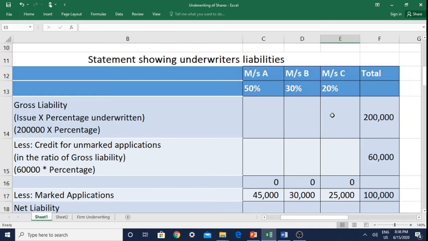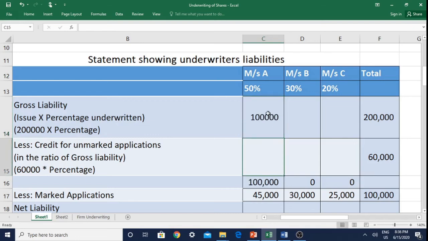Now I will explain the procedure. First, take the gross liability. Now gross liability is not given, we can calculate it. Out of the total issue, 50% is underwritten by A. So gross liability will be 2 lakh into 50%.